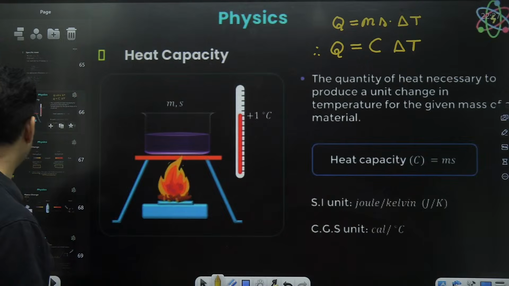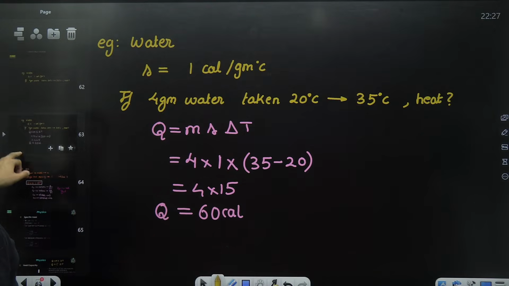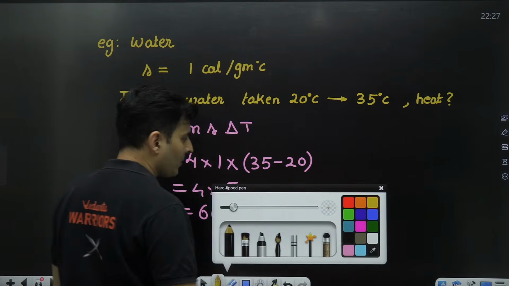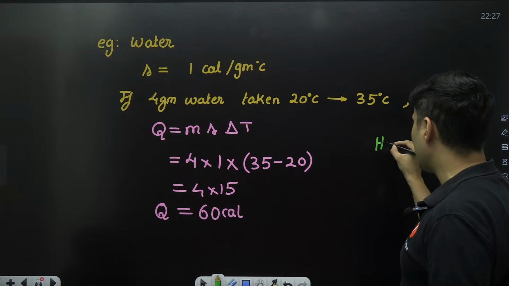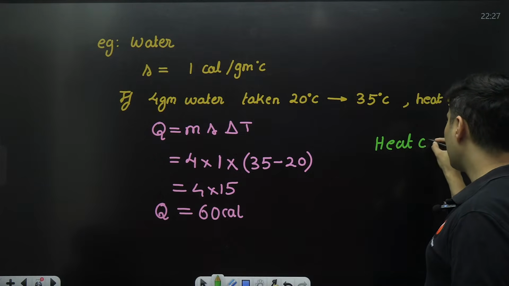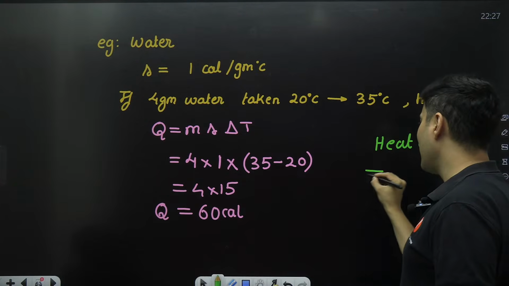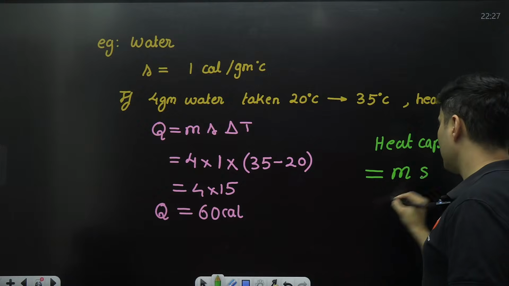So going back to that example of water, which we had just solved, if somebody had asked what is the heat capacity of water, I would say it is M into S. What is M?